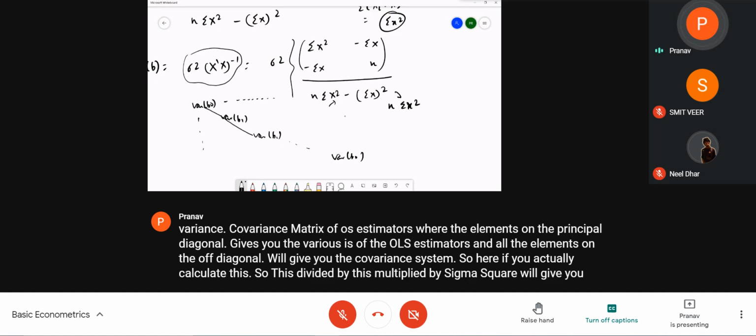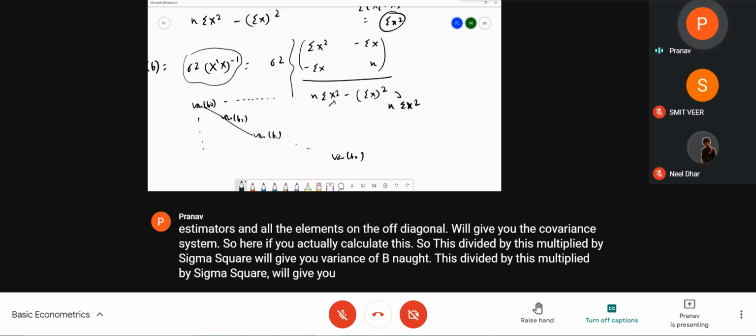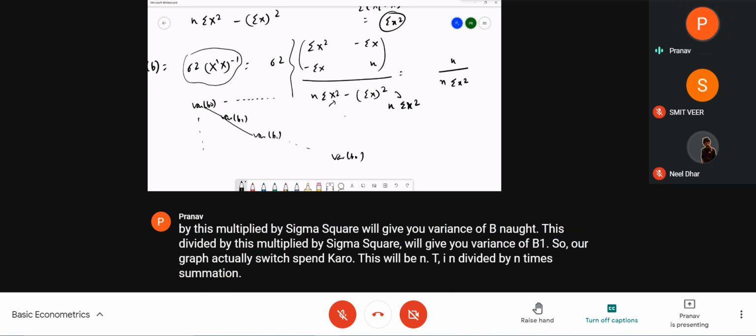So here, if you actually calculate this, this divided by this multiplied by sigma square will give you variance of B0. This divided by this multiplied by sigma square will give you variance of B1. So if you actually expand this, this will be n divided by n times summation small x square multiplied by sigma square.